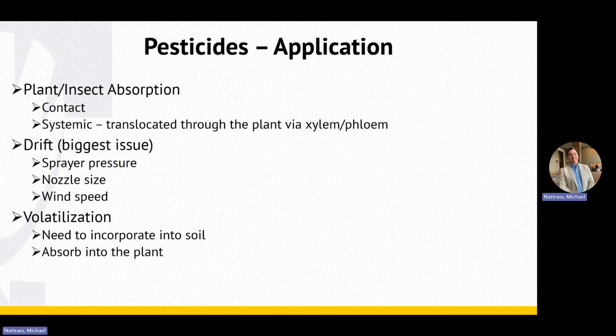And then finally, wind speed, obviously. If there's no wind, everything's just going to settle to the ground. But if you're spraying and there's wind, that's going to be a big issue, because you can't really control where the drift happens, and it can be random wherever that wind takes it.